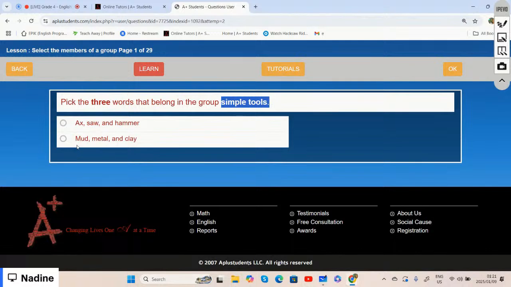Or option two, mud, metal, clay? We need to choose the group or the words that belong in the group of simple tools. Option one, axe, saw, hammer. Or option two, mud, metal, clay.